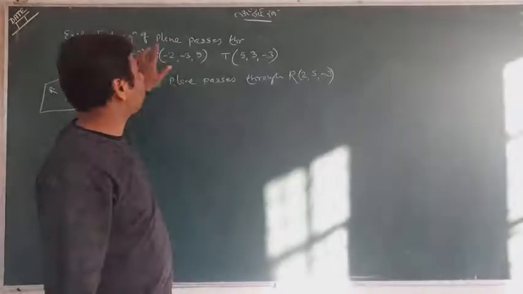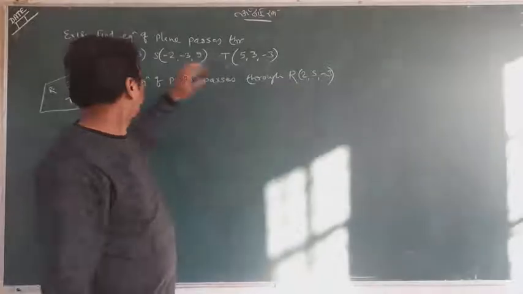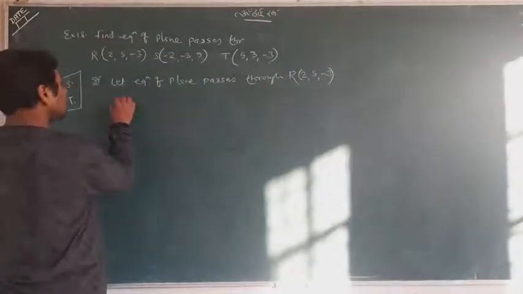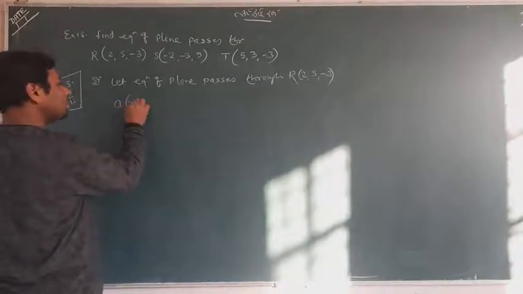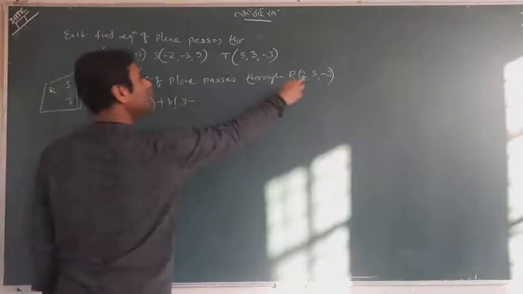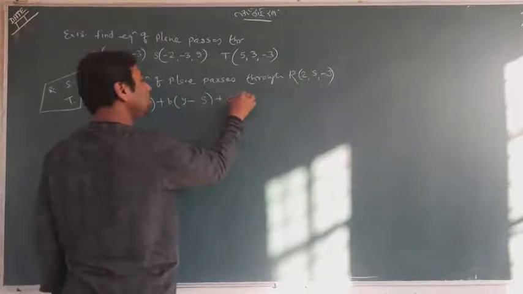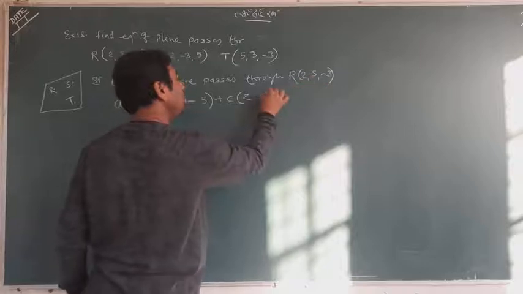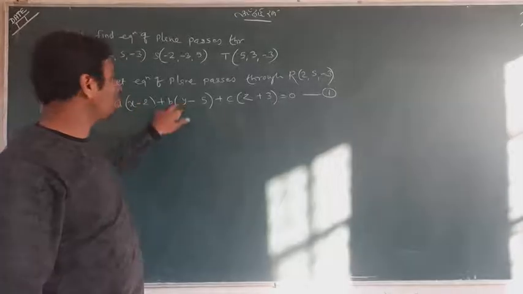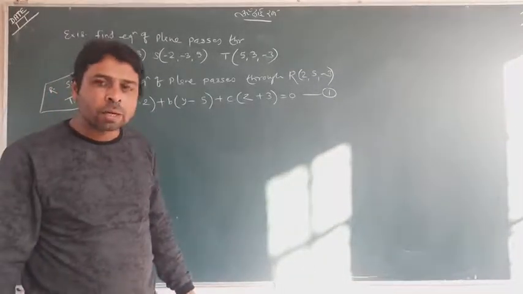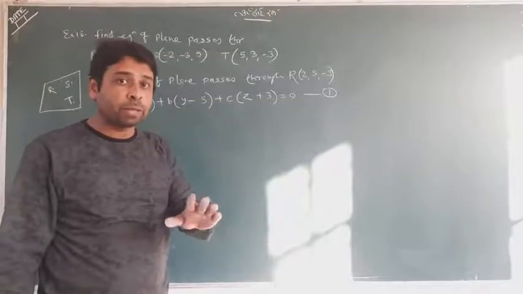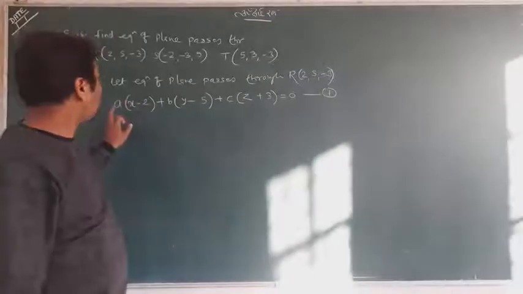You can take R, you can take S, you can take T. I am choosing R. Let the equation of the plane passing through the point R be a(x minus x1) plus b(y minus y1) plus c(z minus z1) equal to 0. This is your answer, but you don't know what a, b, c are. What are a, b, c? a, b, c are the direction ratios of the normal of the plane. Don't say plane, always say normal of the plane. Okay. Now, how can we find a, b, c?